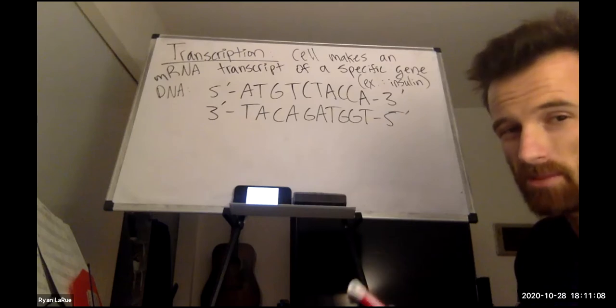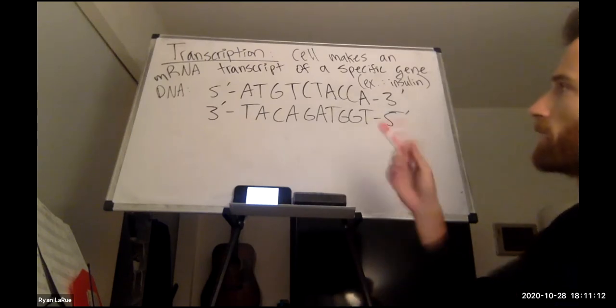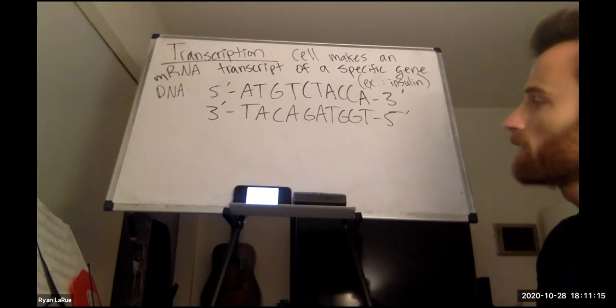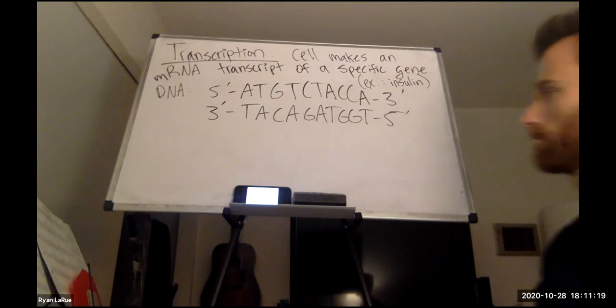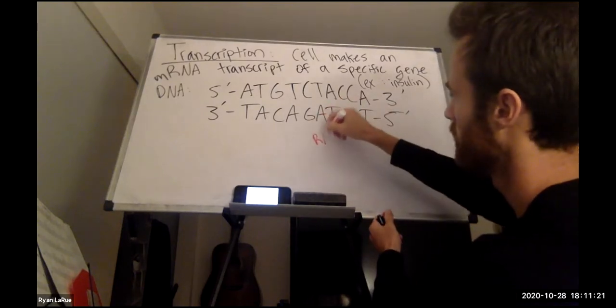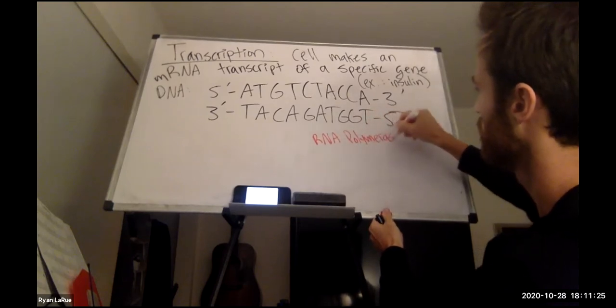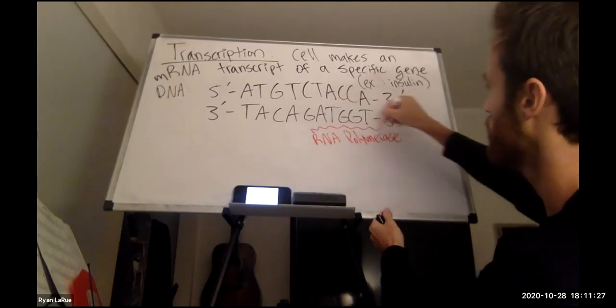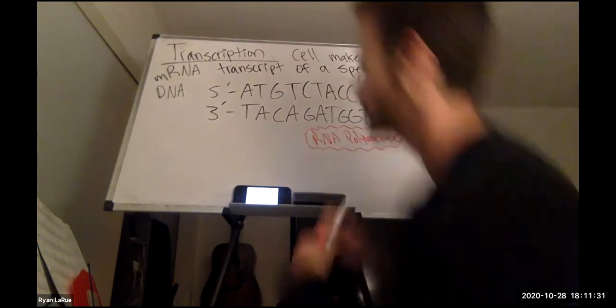Remember DNA polymerase from DNA replication? Well, the enzyme involved in transcription is called RNA polymerase. We're going to assemble an RNA polymer, so let me put mRNA here because that's what we're going to be doing.